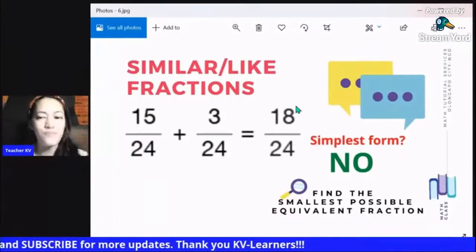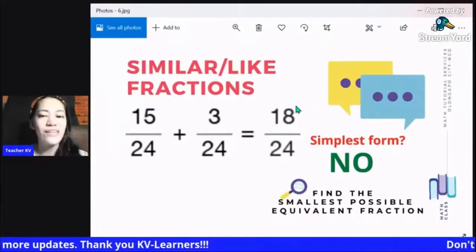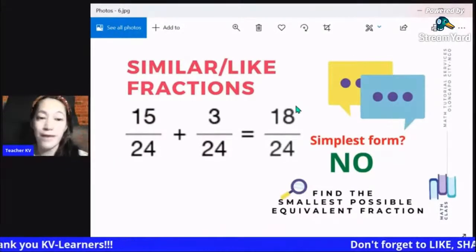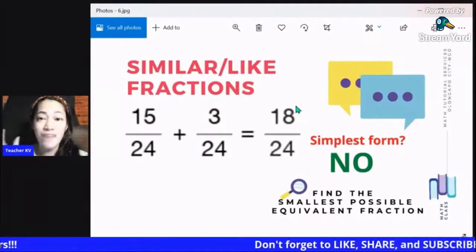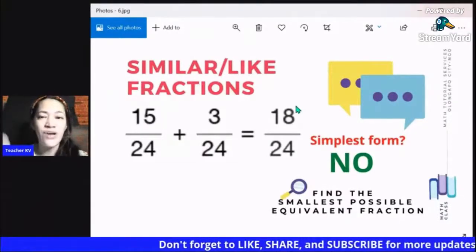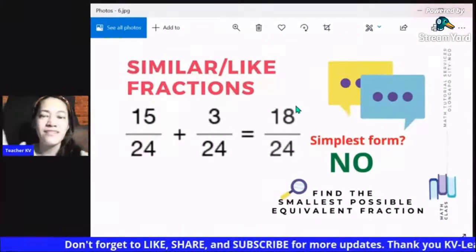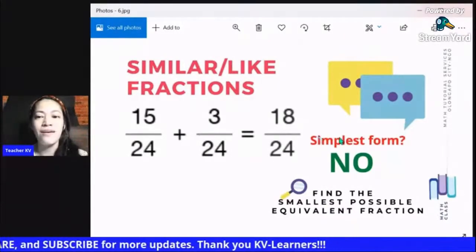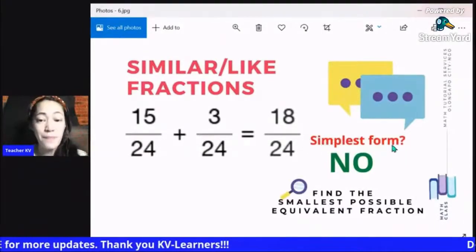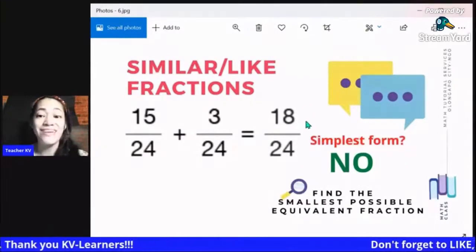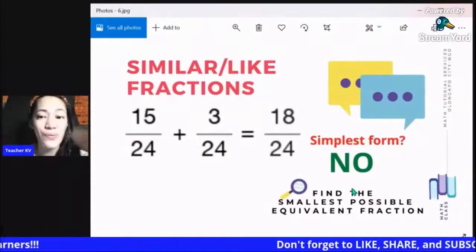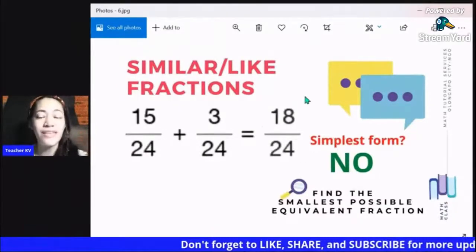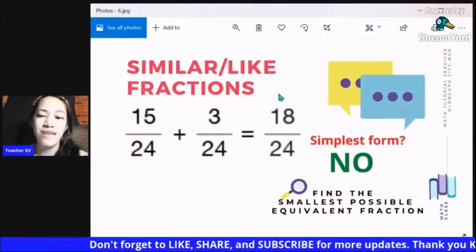Pero, oops, teka lang. Yung 18/24 na ba is the final answer? Sa ating rule number 2, kailangan your answer should be in its simplest form or lowest term. Is it in simplest form? What do you think? The answer is no. Yung 18/24, hindi pa siya yung pinaka-final answer natin.